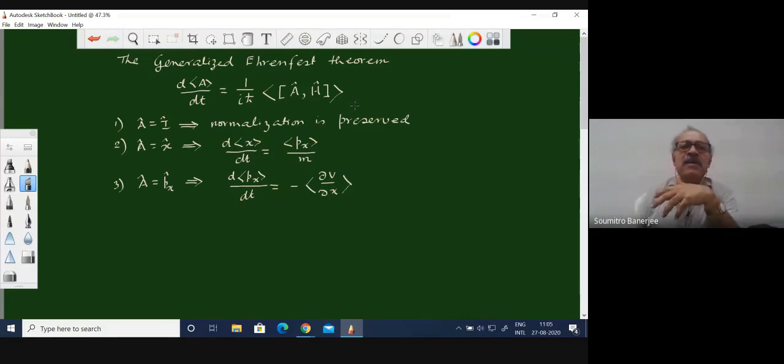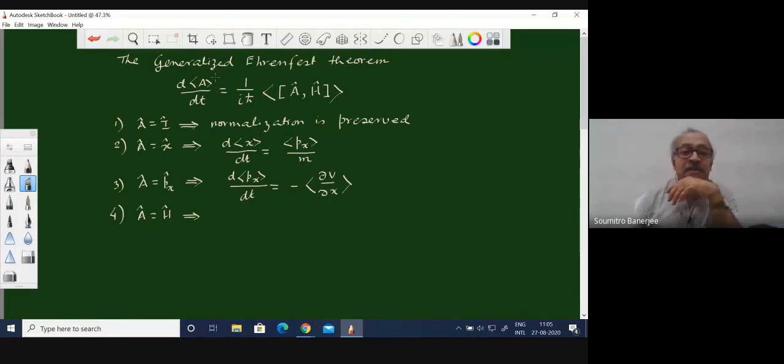For example, say the Hamiltonian itself obviously commutes with the Hamiltonian. So A is the Hamiltonian. So what does it lead to? Simple. Obviously it will commute, and therefore the right-hand side will be 0.